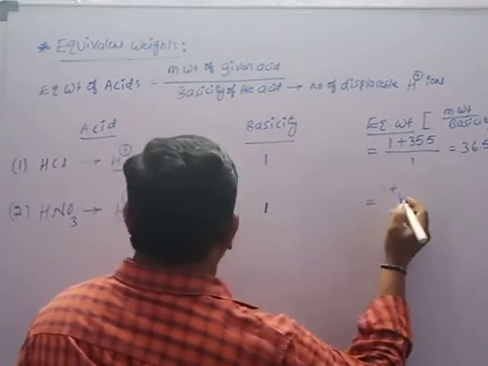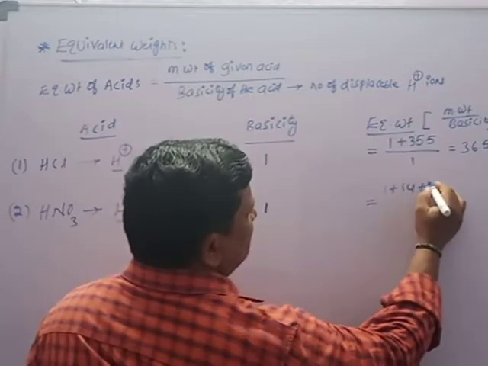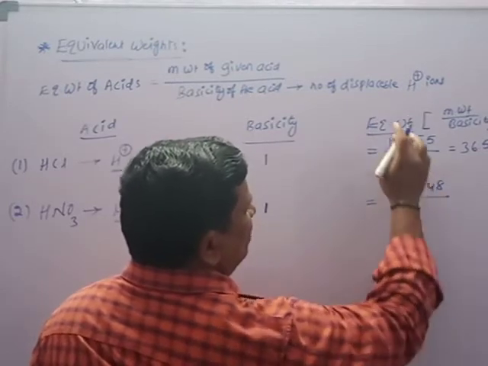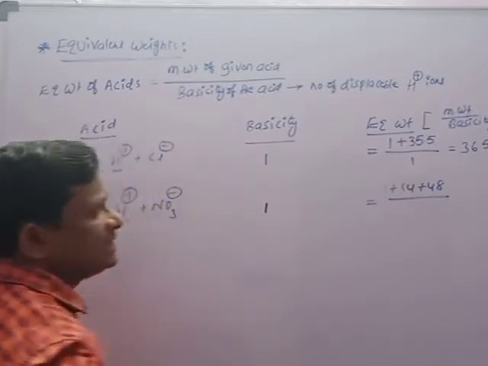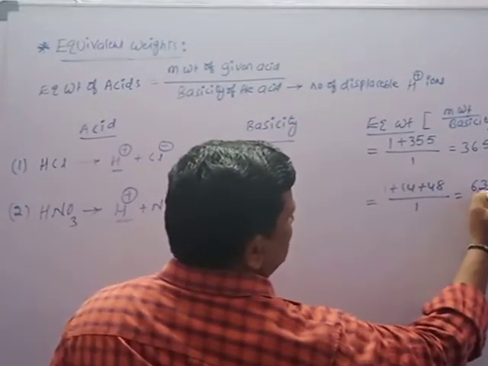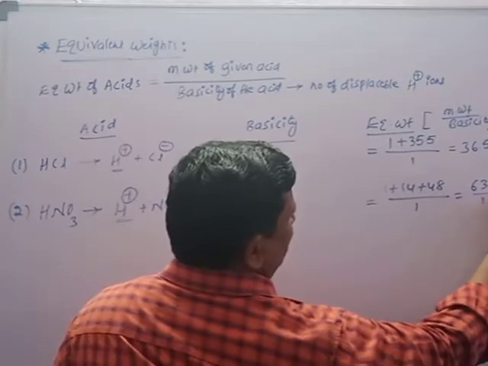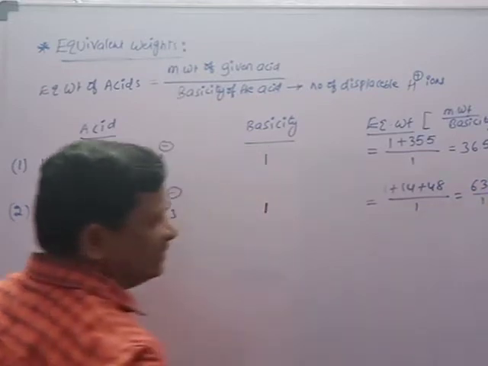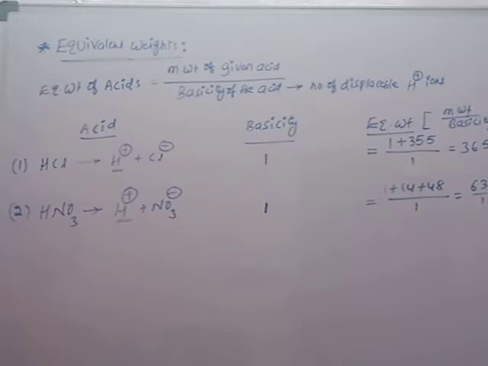So 1 plus 14 plus 48 is 63, divided by basicity 1, equals 63. Molecular weight is 63, equivalent weight is also 63 because its basicity is 1.